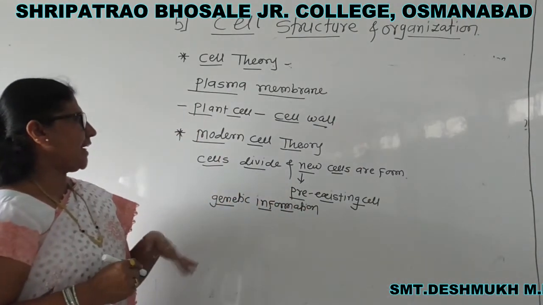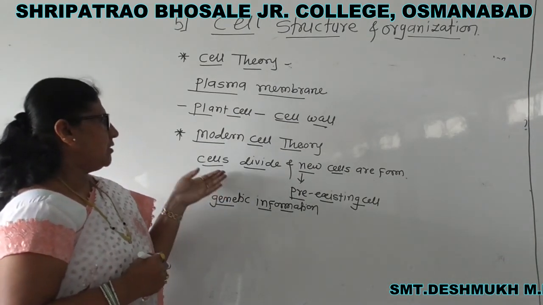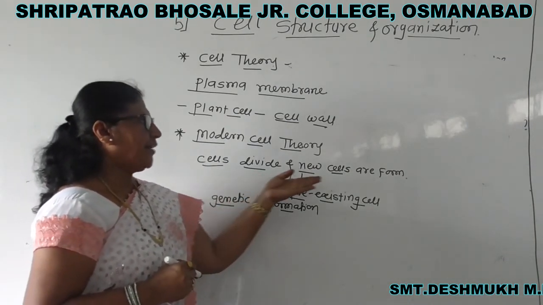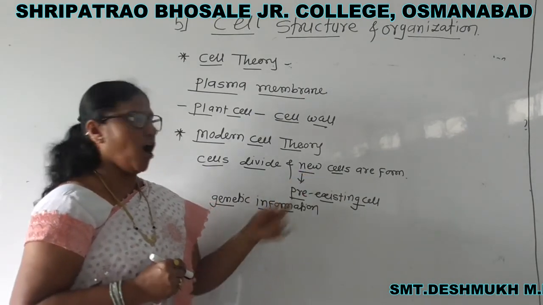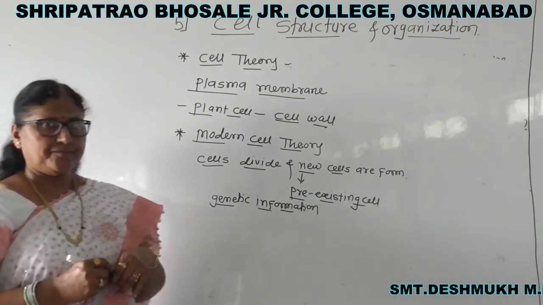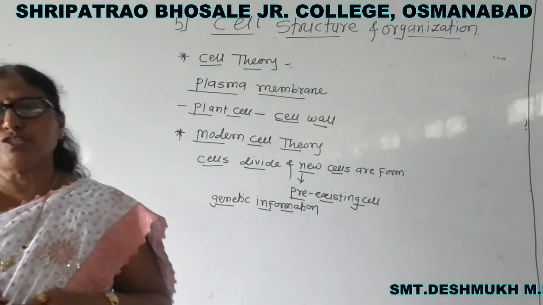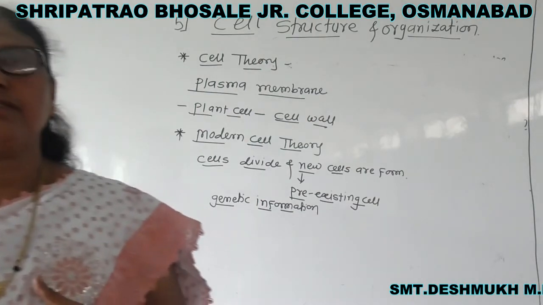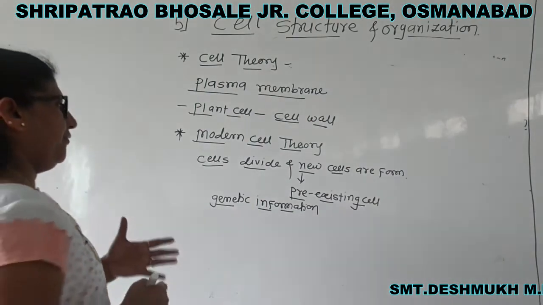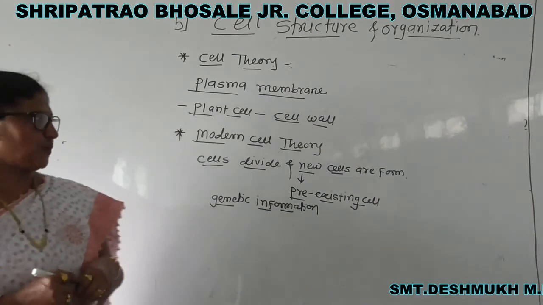The modern cell theory is based on cells dividing and new cells forming from pre-existing cells, because the nucleus stores the genetic information in the form of genes.